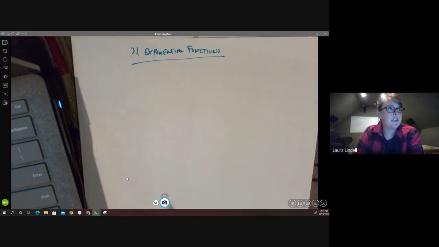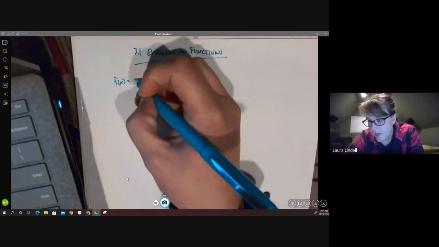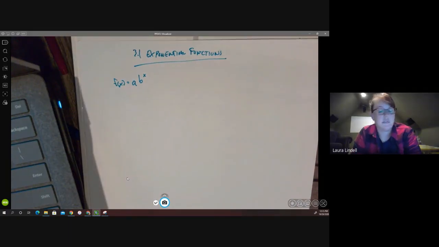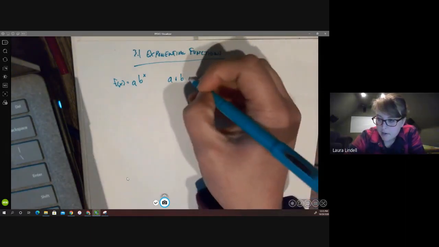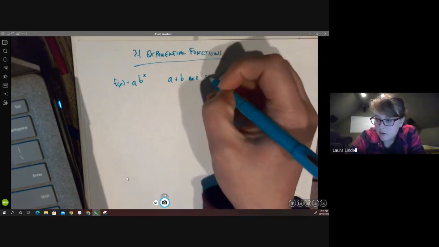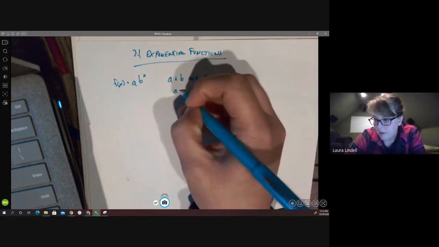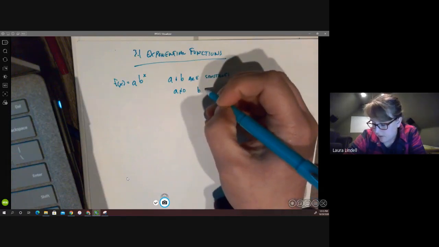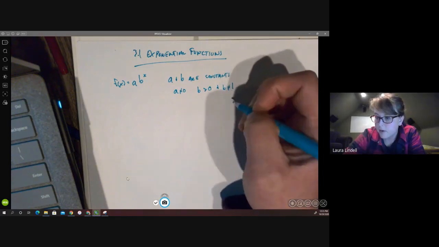So an exponential function is any function that can be written as f of x equals a times b to the x. So if x is in the exponent, it's an exponential function. In this case, a and b are constants, a is not equal to 0, and b is greater than 0 and also not equal to 1.